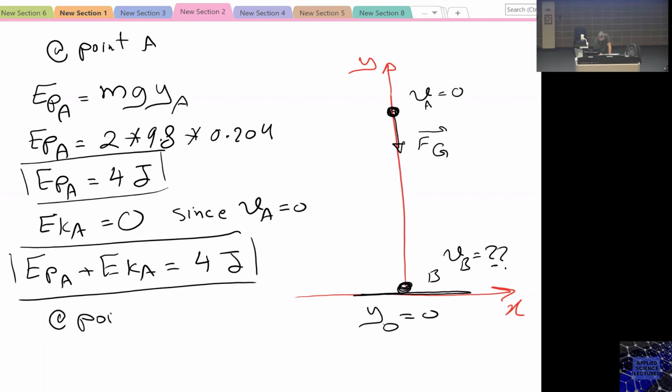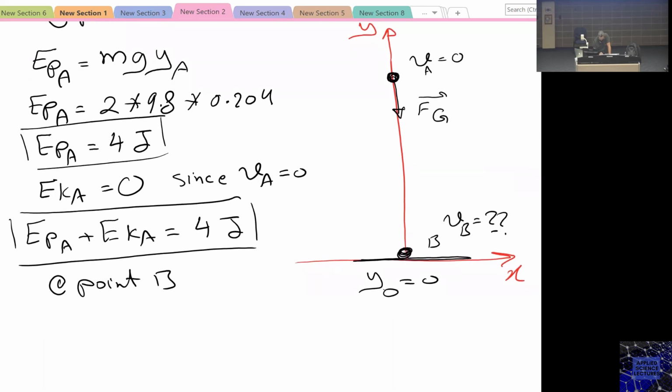At point B, I have EPB is 0. Why 0? Because this is my reference. Y is 0 at that point.